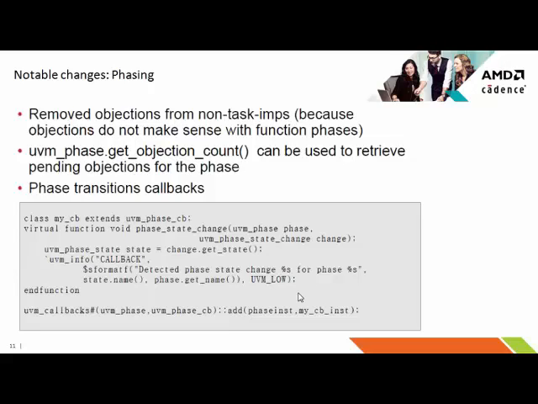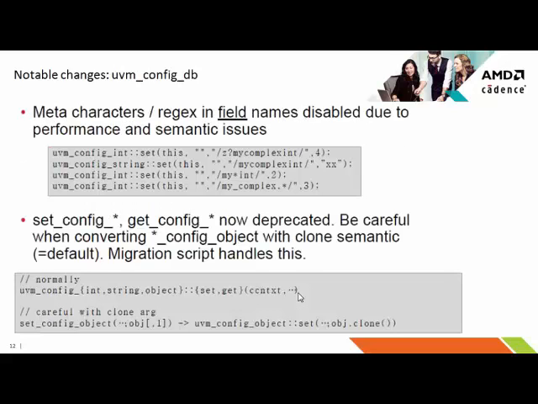In terms of the UVM configuration database, UVM_config_db, meta characters and regular expressions and field names are disabled. There's two reasons for this. If you look at the first code fragment here, you can see some of the types of things you were allowed to do. They cause two types of issues. One is performance issues, so it's a high overhead during the searching when you've got names like that.